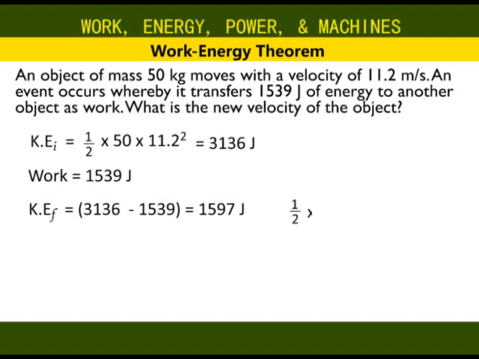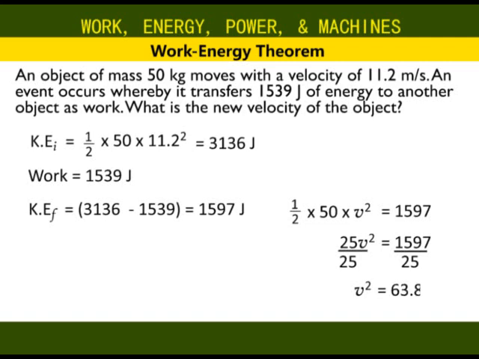A half times 50 times v squared is equal to 1,597. 25 v squared is equal to 1597. We divide both sides by 25. We get v squared is equal to 63.88, and v is equal to 7.99 meters per second.